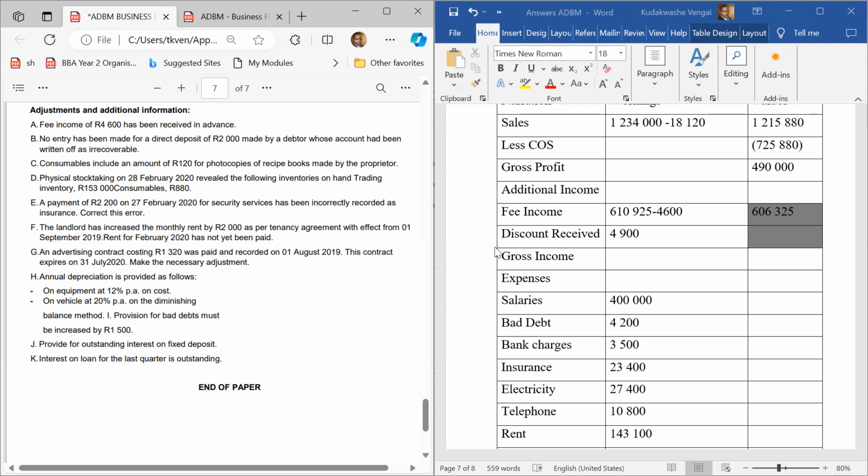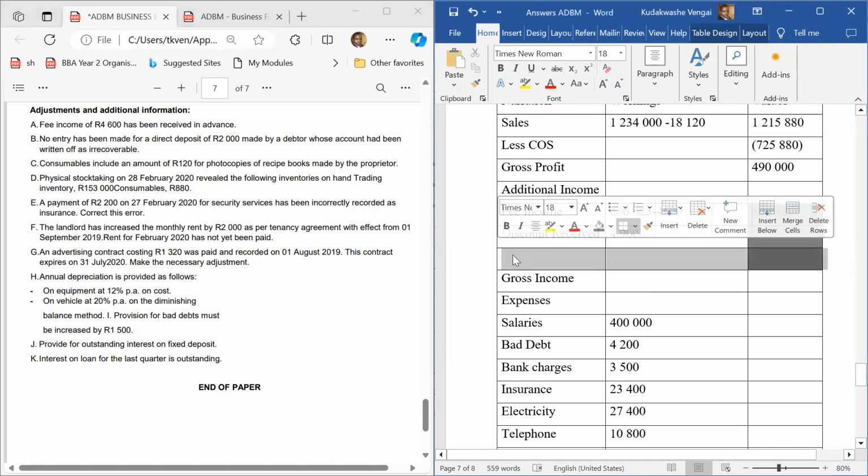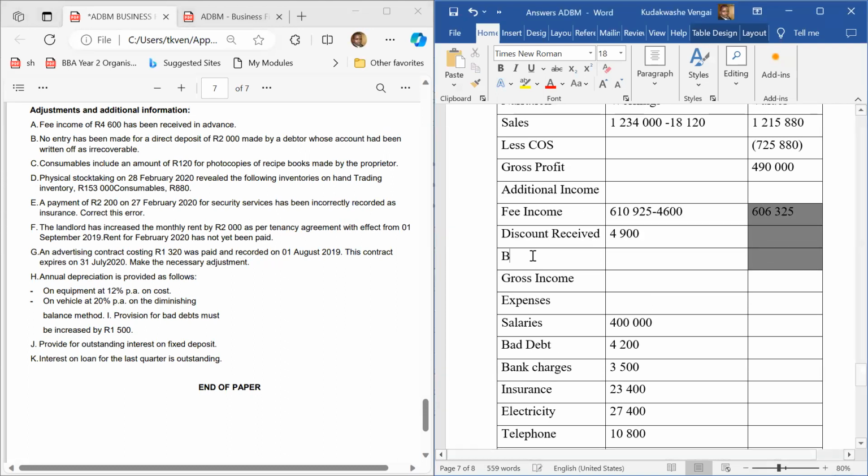So a bad debt recovered is considered as an income. So we can say here, a bad debt recovered of how much? 2,000, right? So we've got a bad debt recovered of 2,000 here. And then we've got a discount here of 4.9. All right. So that's our additional income there. We continue.